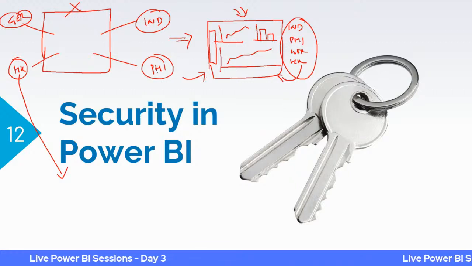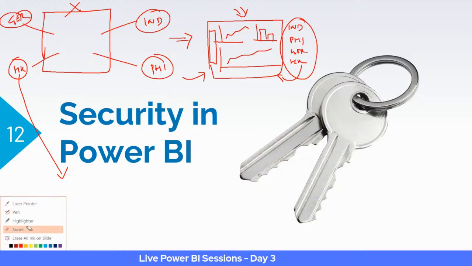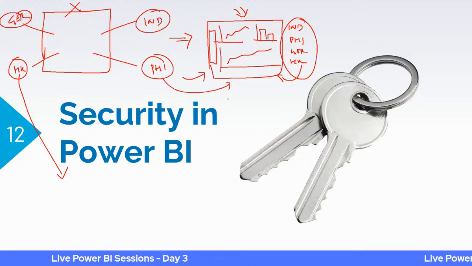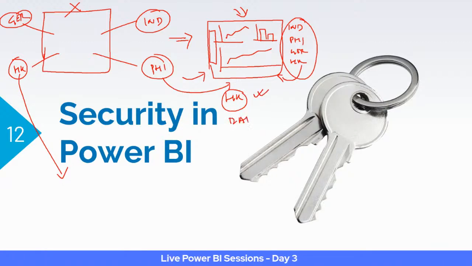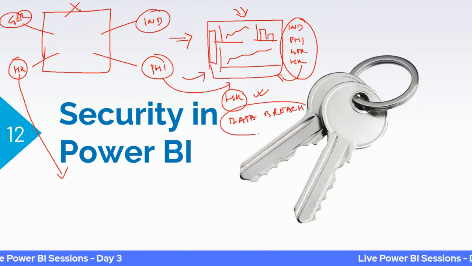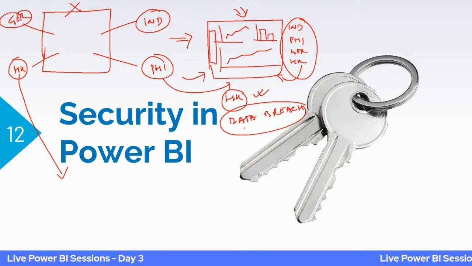That means if the Philippine user is accessing the dashboard, he is also able to see the HK users' information. Now this is something called a data breach, right? You cannot simply show another country's information to another country. Multiple countries maintain their data privacy policies, right? And it's a crime if you don't maintain data privacy.